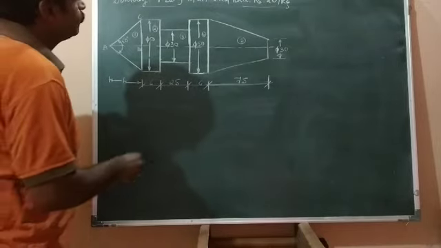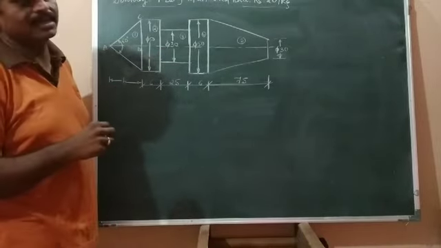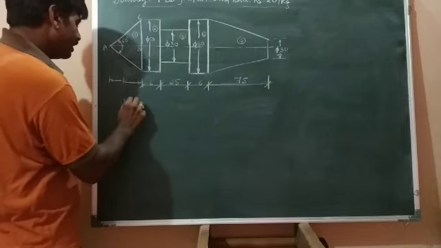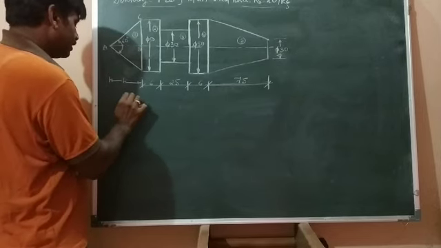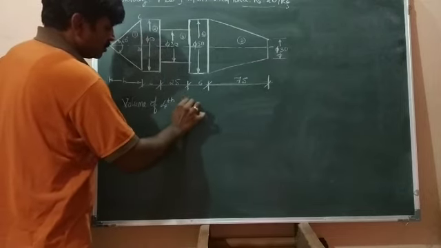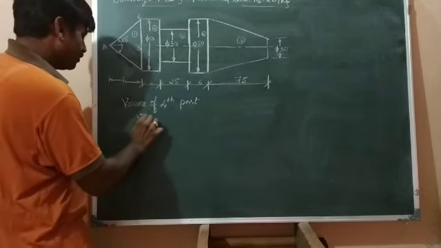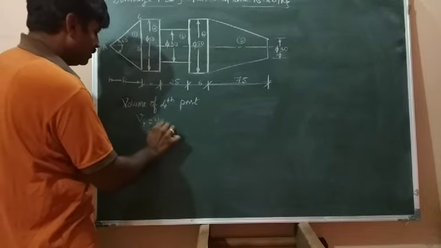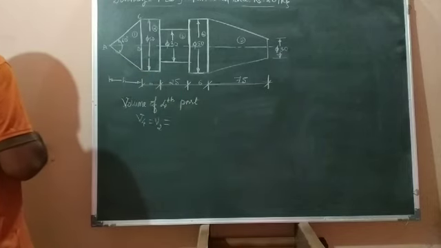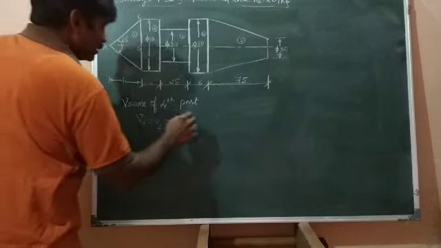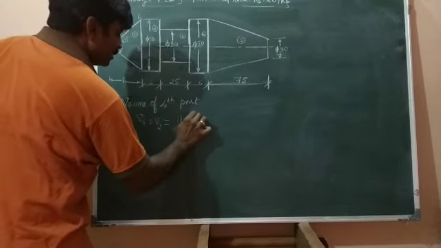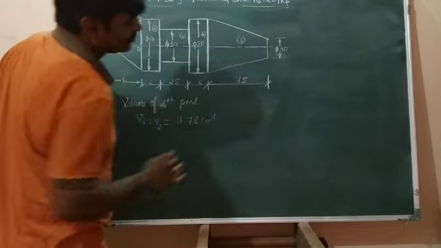Coming to the fourth part, once again it is similar to the second part. So I will write one sentence here. Volume of the fourth part, that is V4, is equal to V2, which is the volume of the second part we got, 11.78 centimeter cube.